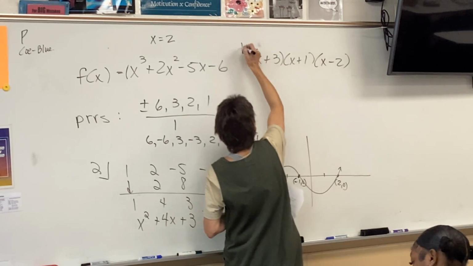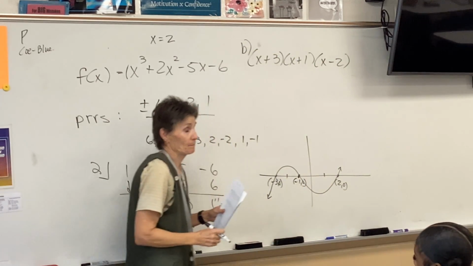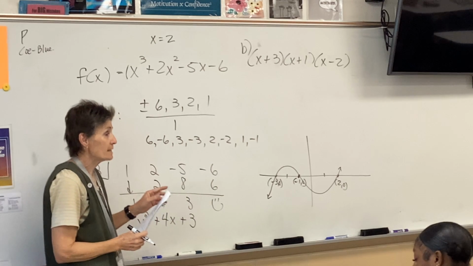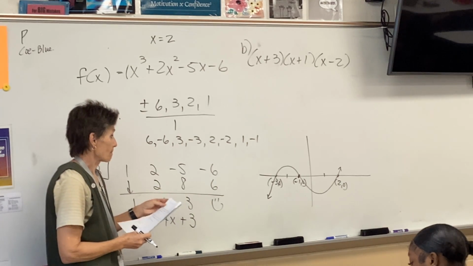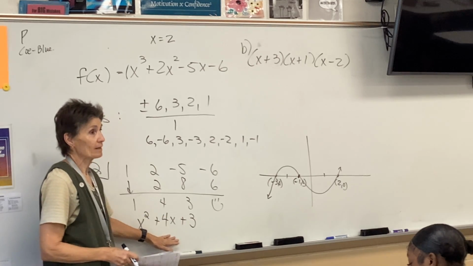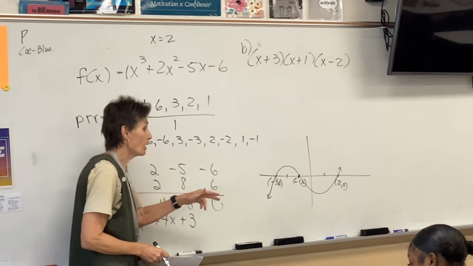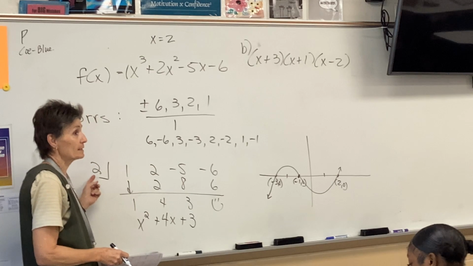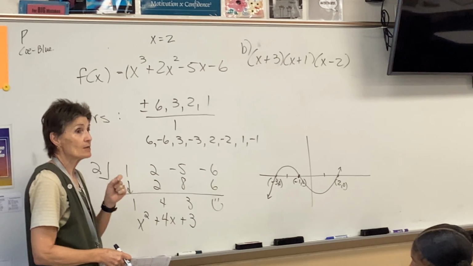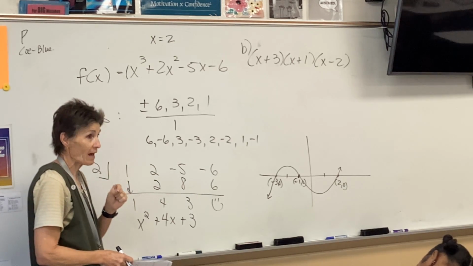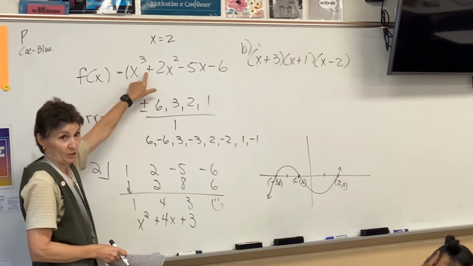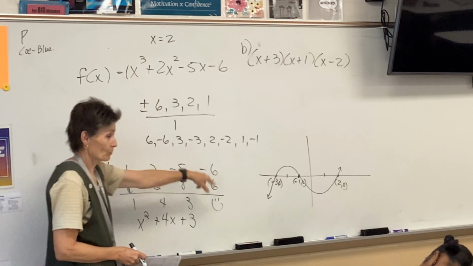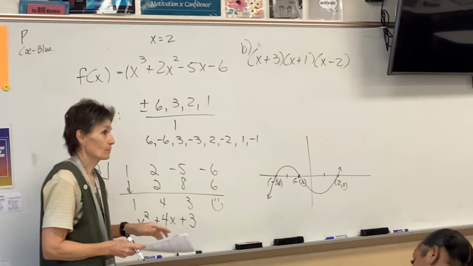So this is the answer to question B. Find the factors. 2 of them you got by factoring this, and the third one you actually got by guessing. How did I know there were 3 factors and not just 2? Because it's x cubed. 3 dots, 3 factors.